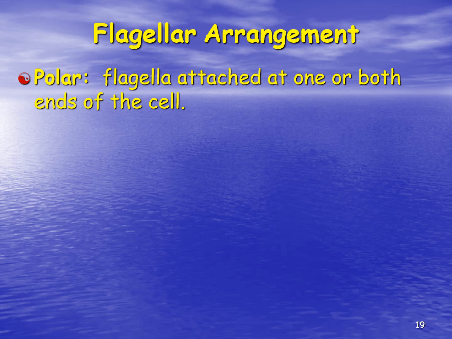Now, how the flagella are arranged around the bacterium is also a way that we can classify the bacteria. Polar flagella simply means it's attached at one or both ends of the elongated cell. And so we see monotrichosis. This would be a single flagellum located at one end of the cell.